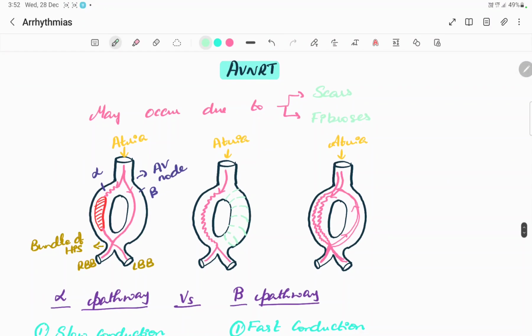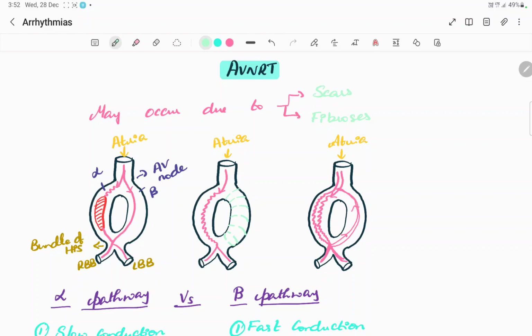Coming to AVNRT, which is atrioventricular node re-entrant tachycardia. In the previous one, it was just atrioventricular. Here, the main causes for AVNRT might be any scars or fibrosis, which causes a block here.